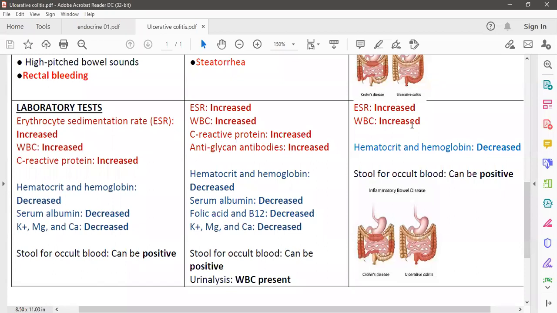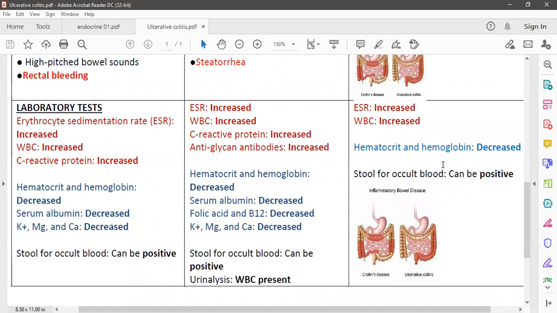Usually we give them antibiotics like metronidazole or some analgesic. As an RN and LPN, as with ulcerative colitis and Crohn disease, if the patient gets admitted, we give them nothing by mouth or clear liquid diet during the acute exacerbation, then progress to a low fiber diet.